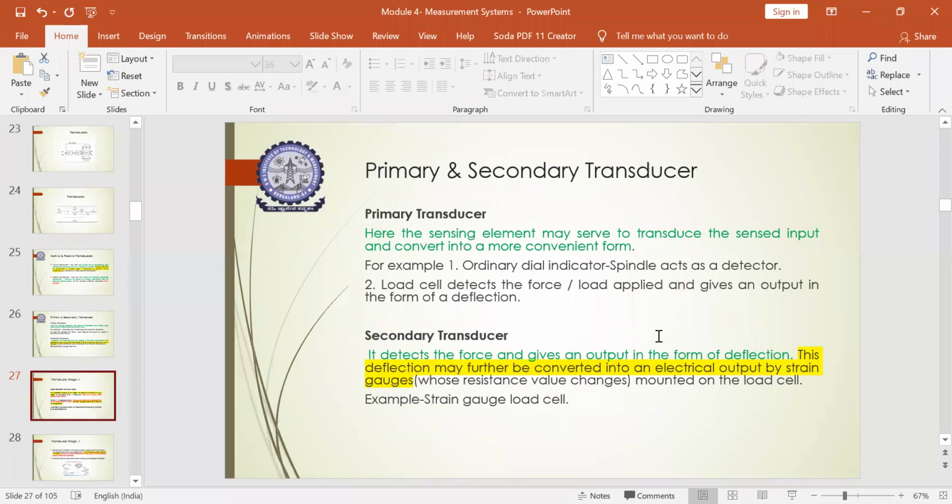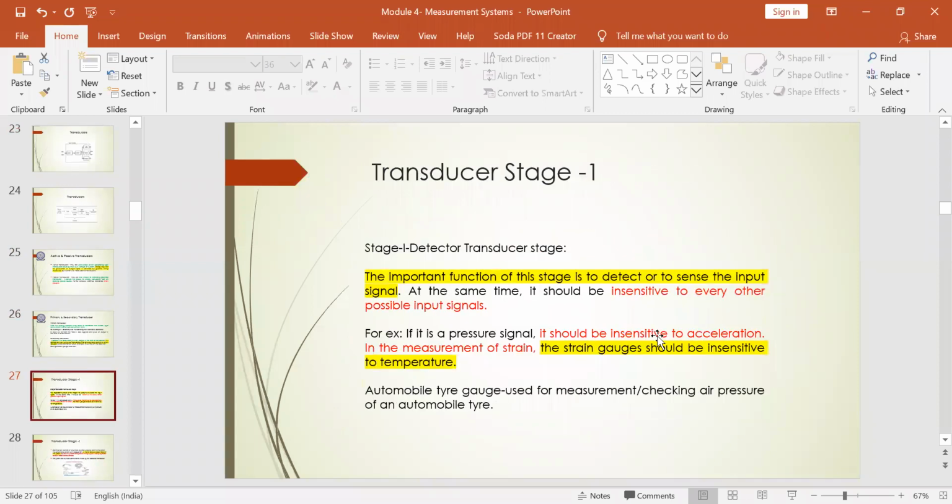You have to understand what happens in transducer stage 1. This is called the detector transducer stage. What it does, as I have told you already, is sense the input signal which is fed to the transducer. It could be any physical quantity. At the same time it should be insensitive to every other possible input signal.